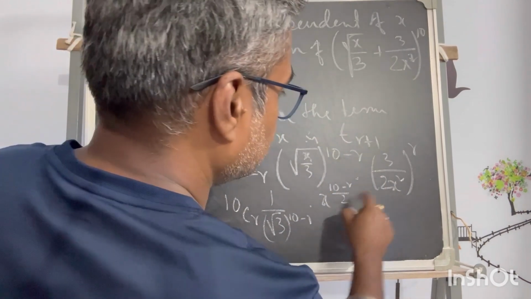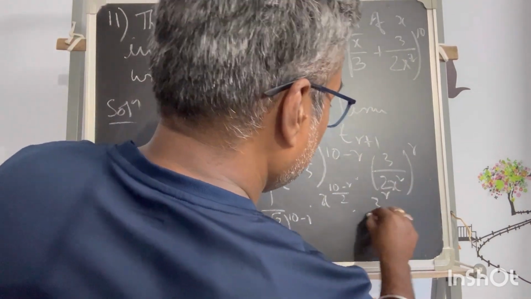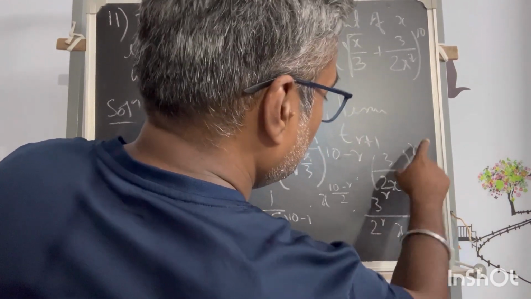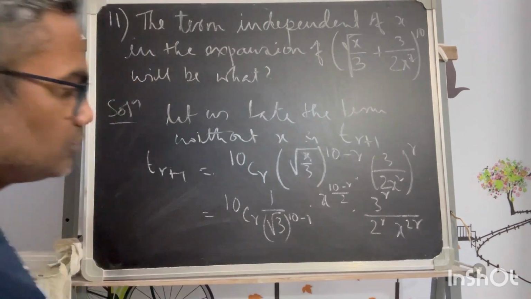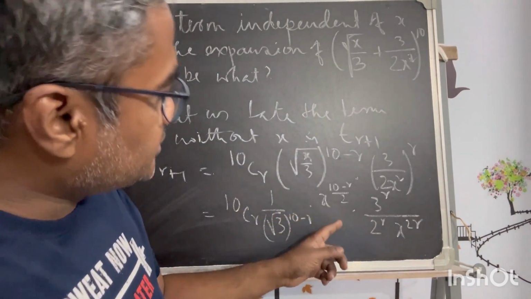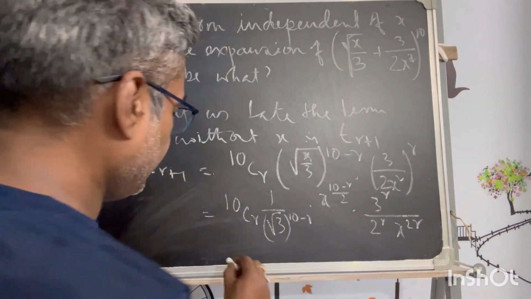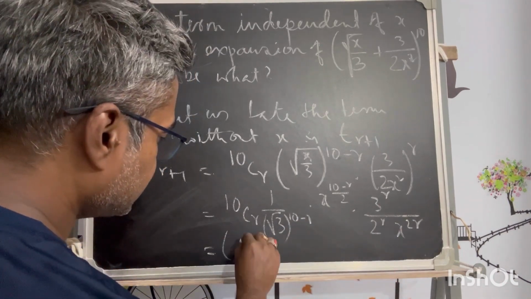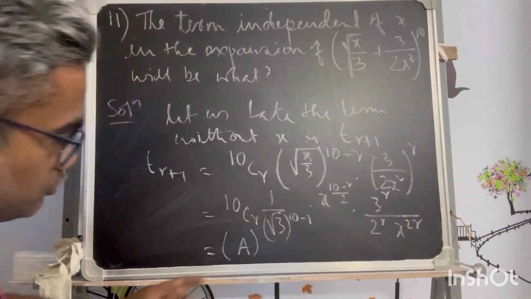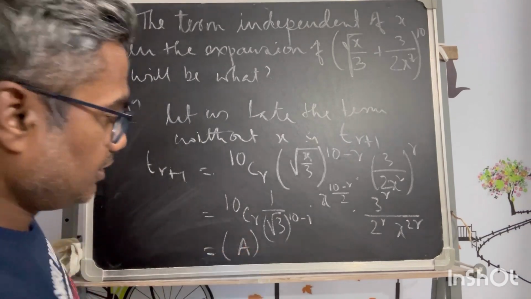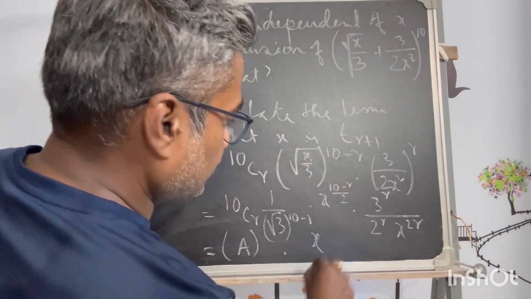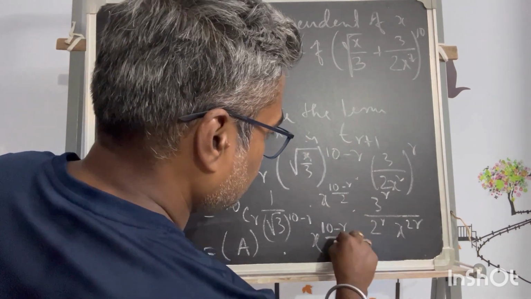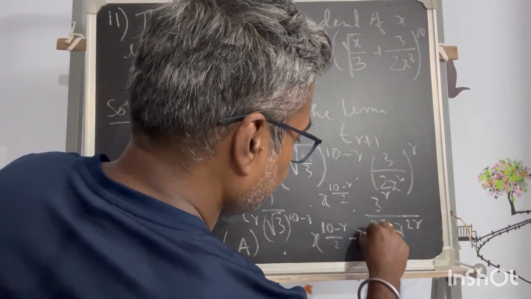For the second term, this will be 3 to the power r and 2 to the power r at the bottom, and x will be x to the power 2r. Okay. So now the first intention is to get the whole power of x. Let's say this is the total coefficient, which is constant, a. The power of r comes as negative 2r.